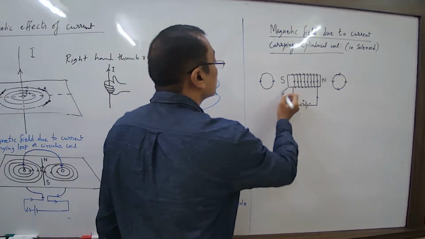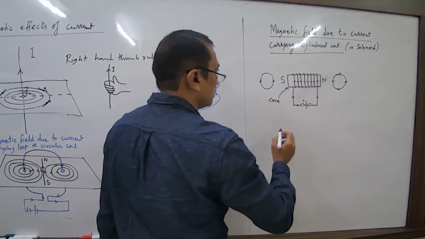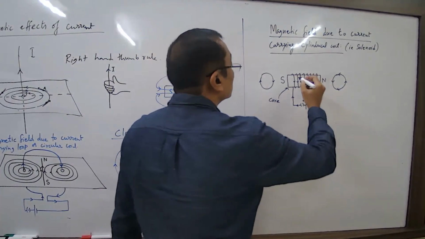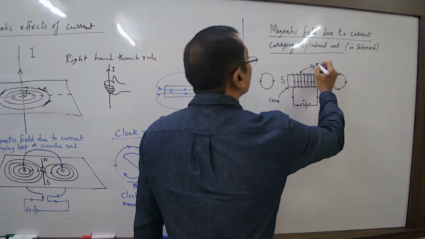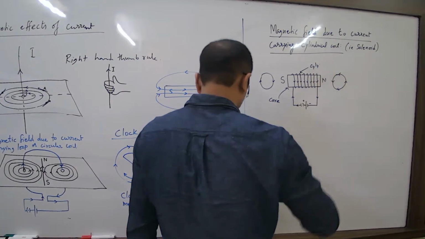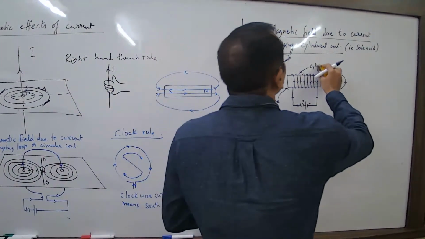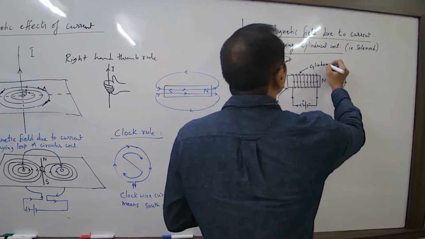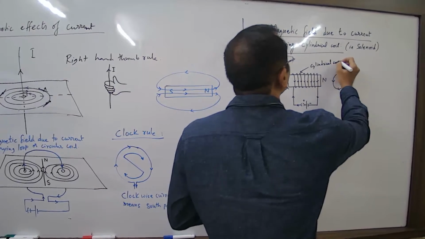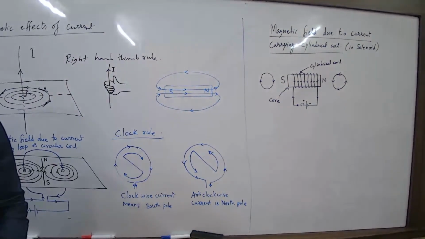So this is your core, right? This is your cylindrical coil. Now tell me, how will the magnetic field pattern be now?